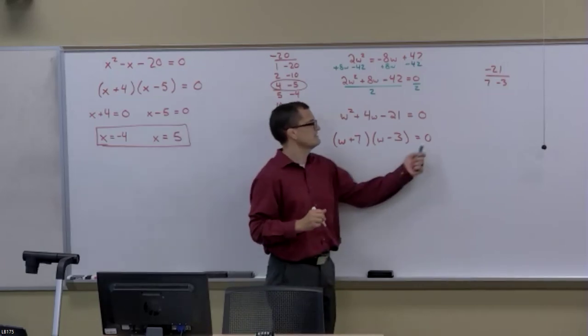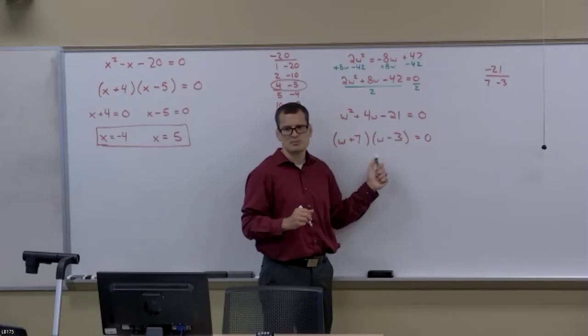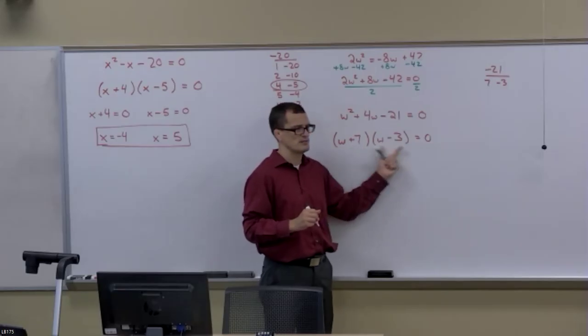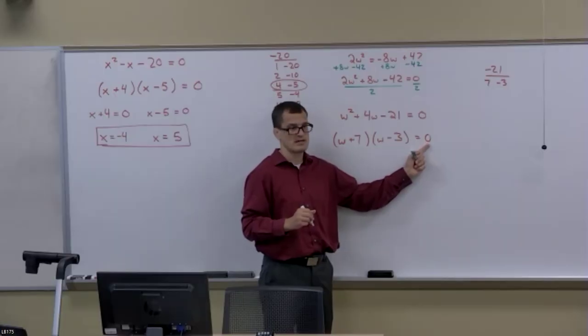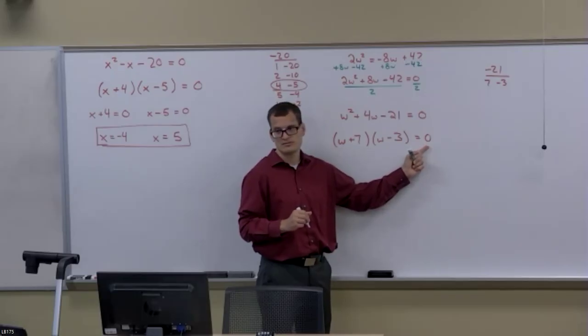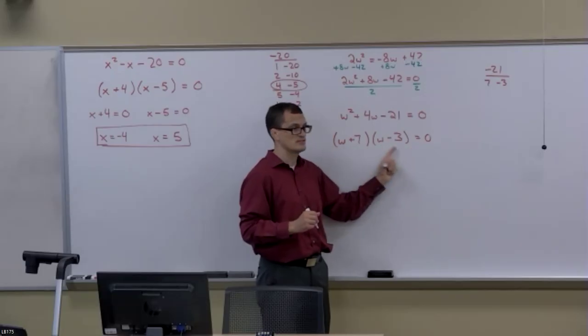By the way, we need 0 on the right because the only number that has this property, that when you multiply two numbers and get this value, is 0. This trick only works with 0. If you multiply two numbers and get 0, then one of those has to be 0.